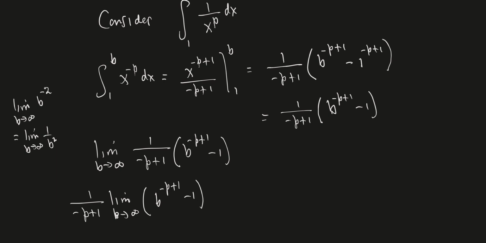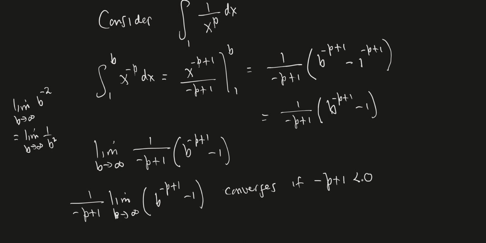Whereas if I have something positive up there, then I won't take the reciprocal, and it would just keep getting bigger and bigger and bigger. So this limit converges if negative p plus 1 is a negative number.